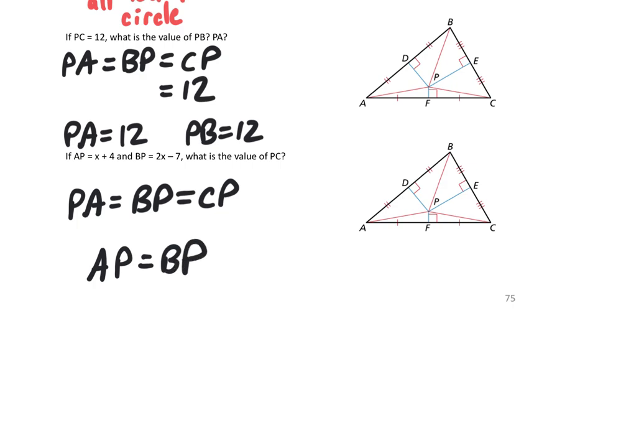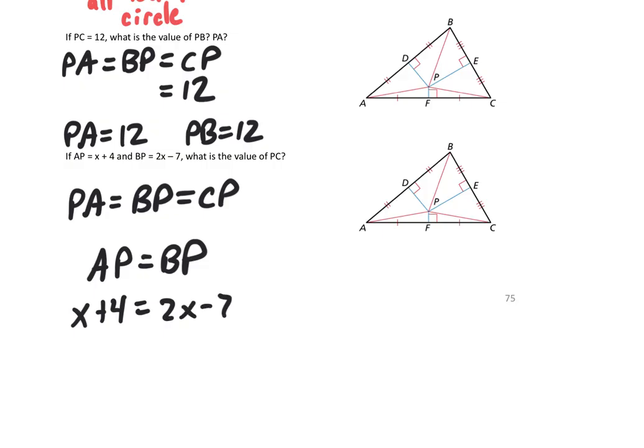And what they give us is an expression. They don't actually tell me the length of each one of those, or even one of them like they did here. They just tell me an expression. So we know that AP is really x plus 4. So we're going to plug x plus 4 into AP. We know that BP is really 2x minus 7.